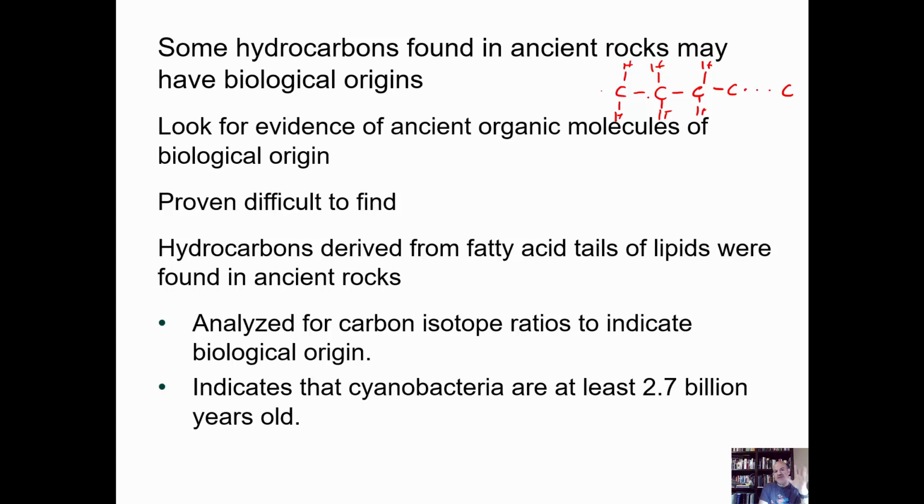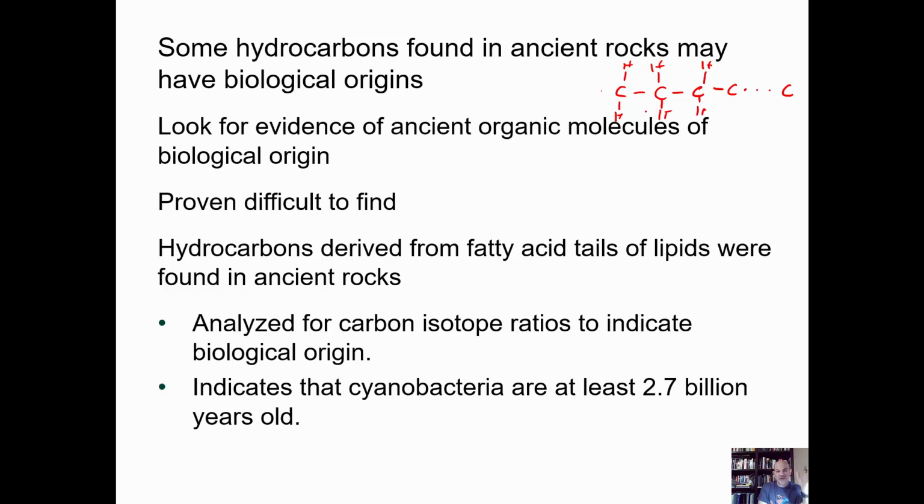And so when we look for evidence of that in rocks, that would be indirect evidence, because these are compounds for which there's no other explanation for their origin other than life forms producing them, right?